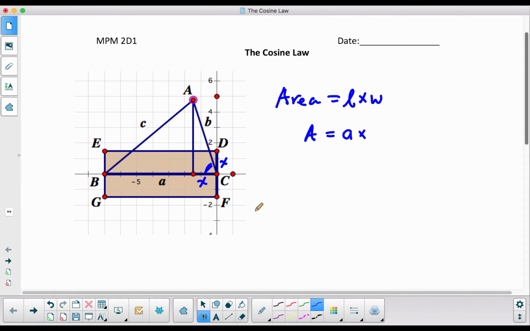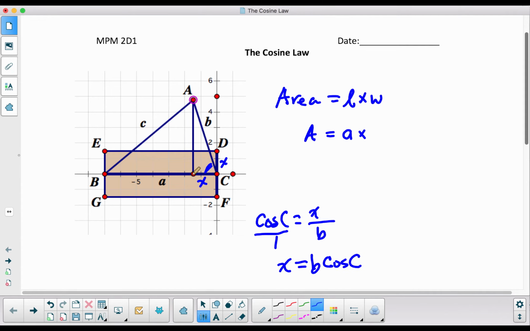So let me just do this down here. Cosine of C is equal to the adjacent side divided by the hypotenuse. And if we rearrange for x, put this side over 1. So x times 1 is x. And the other side is b cosine c.